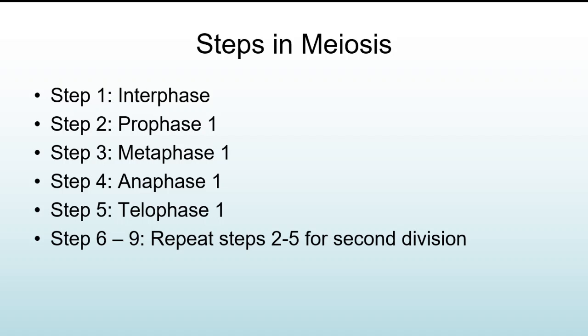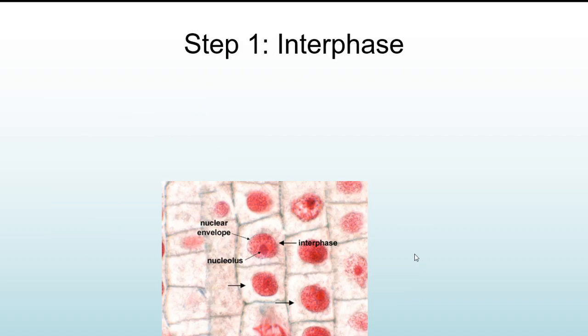Remember, there's 2 divisions, so we're going to talk about the first one. So you're going to have interphase, then prophase 1, metaphase 1, anaphase 1, telophase 1, and then steps 6 through 9, like I just told you, there's 2 divisions. We do not do a duplication, which we'll talk about what happens in interphase, but then we're going to go back through steps 2 through 5, okay?